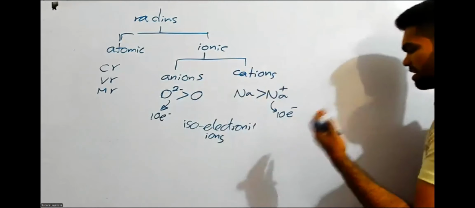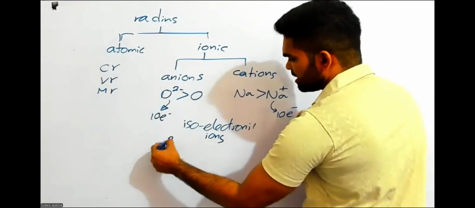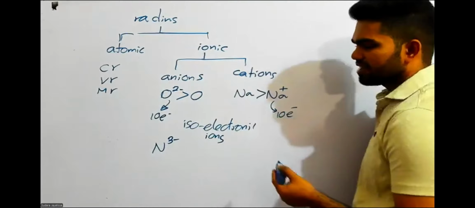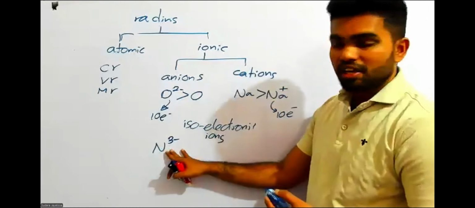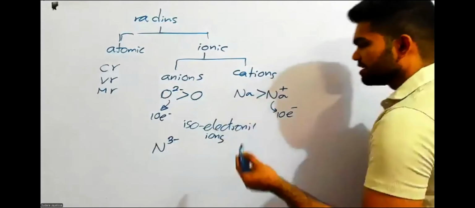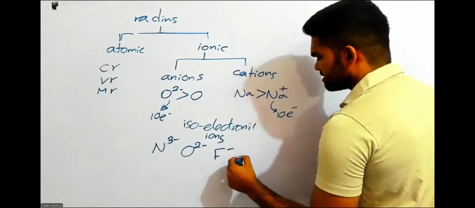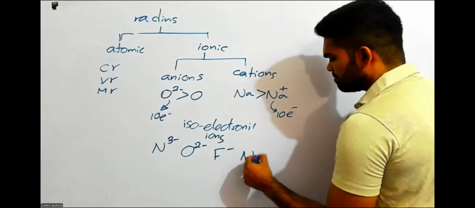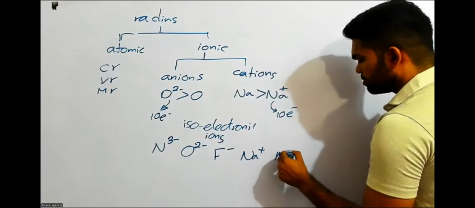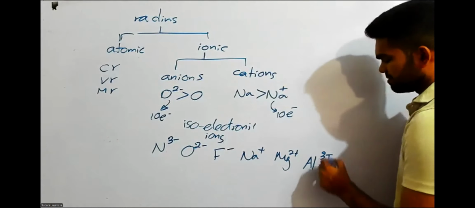The isoelectronic ions are N3 minus. Nitrogen originally has 7 electrons; if you take 3 more electrons, it becomes 10. Then O2 minus, F minus, then sodium plus, magnesium 2 plus, then aluminum 3 plus.